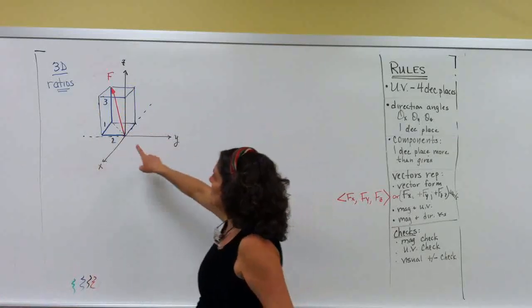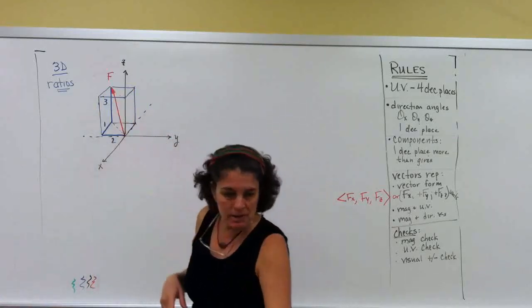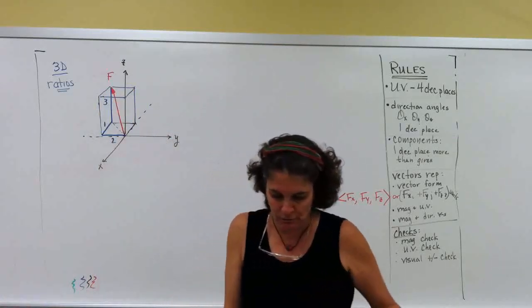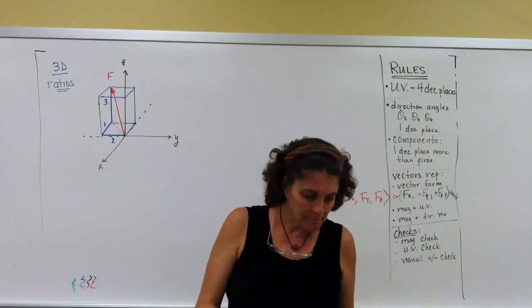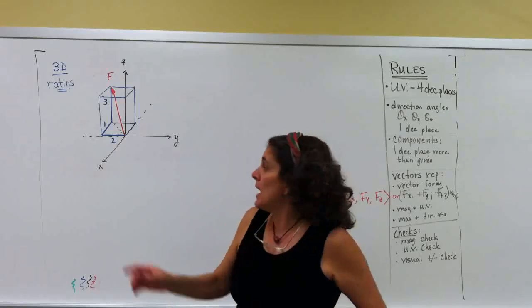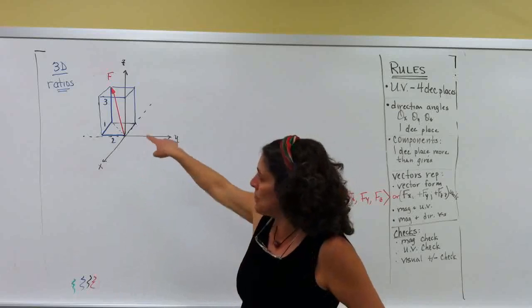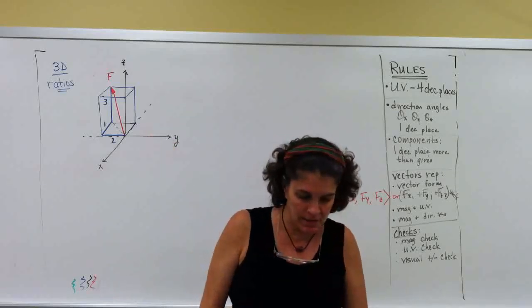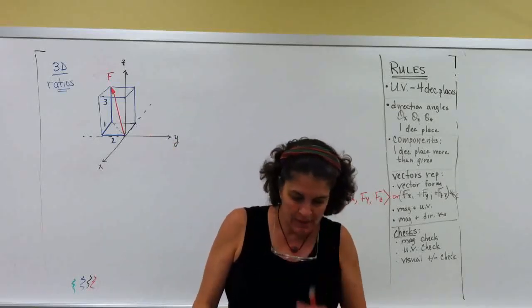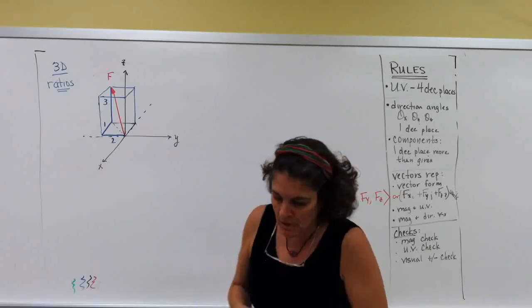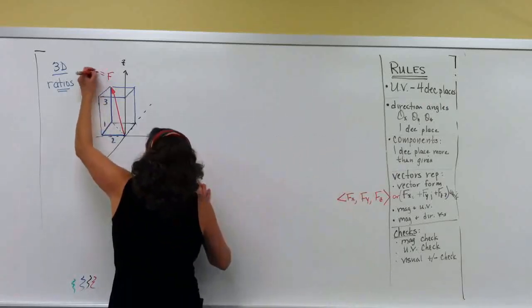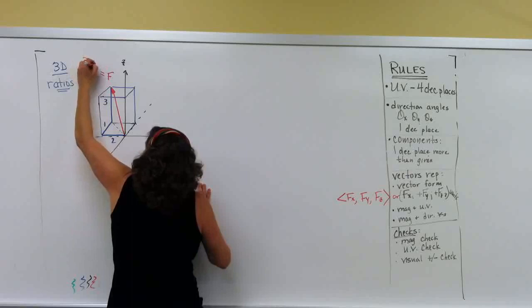So our red color represents our force, and in this case, the value of the force, let me look it up. And while I'm looking it up, take a look at 1, 2, and 3, and what distances do those represent? So the value of the force is 21 kilonewtons.